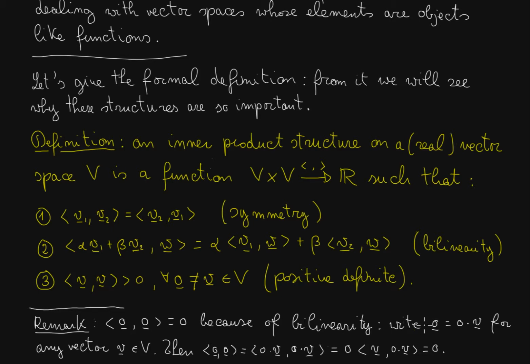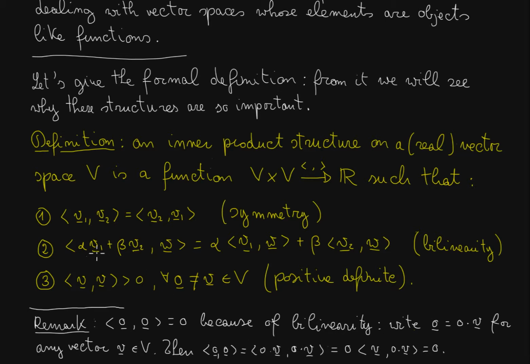For example, using property number 2, if we write 0 as 0 times v for any vector v in the vector space V, then the inner product of 0 by itself is the same as writing the inner product of 0 times v, comma, 0 times v.